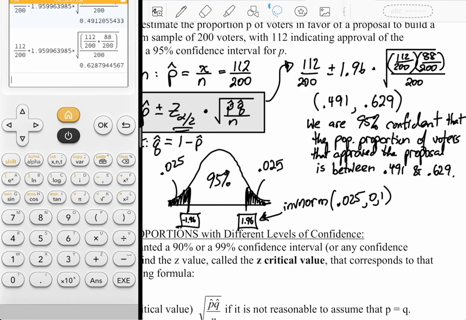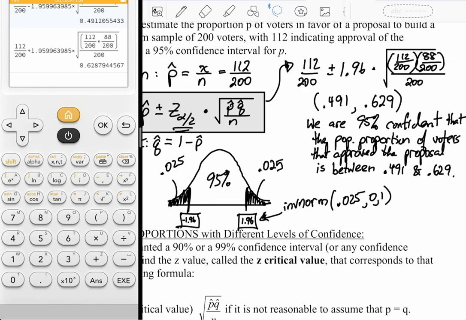And that is, if we're looking at like 0.5, let's say the population proportion was 0.5, that would be the boundary between a minority or a majority. So if I tell you that I'm 95% confident that 50% of the population is going to vote for this proposal, I'm not really telling you anything, because that means 50% is not going to vote for it.